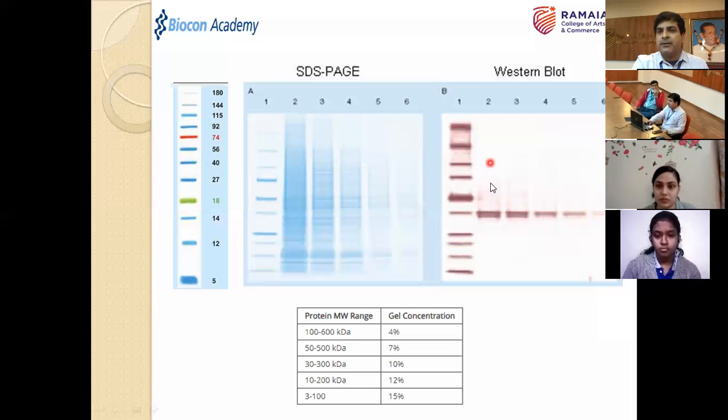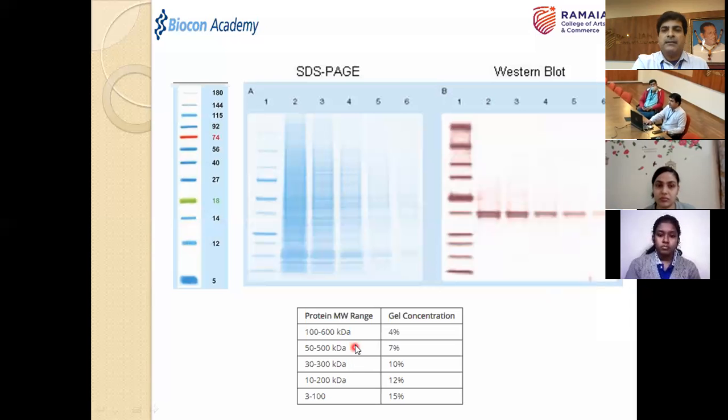That membrane will be incubated with primary antibodies, secondary antibodies, and then chromogenic substrate. That will give this type of immunoblot. Okay, so in the original gel you have seen all the proteins, but after immunoblot, only a particular protein you can visualize. Understood the application?